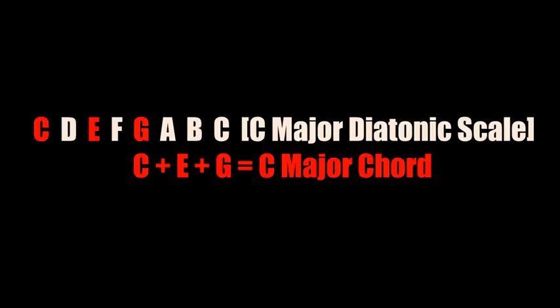As an example, I am again picking up the C major scale, that is C, D, E, F, G, A, B, C. And if we combine the first, third and the fifth notes of this scale, the notes will be C, E and G. So whenever the C, E and G are being played together or at a time, it will be a C major chord.